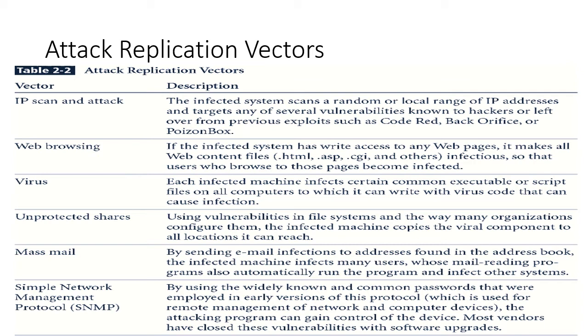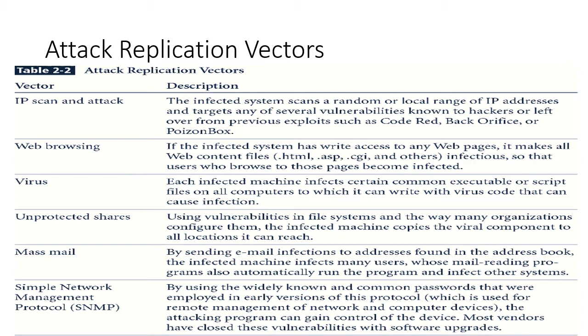In this, the infected system scans a random or local range of IP addresses and targets any of several vulnerabilities known to hackers or left over from previous exploits, such as Code Red, Back Orifice, or the Poison Box.